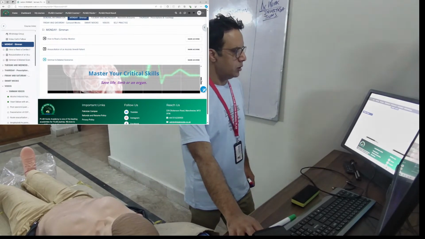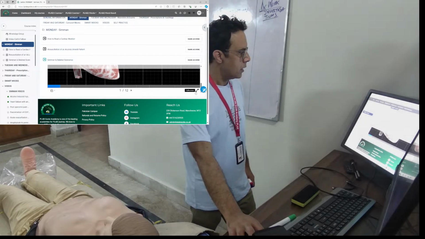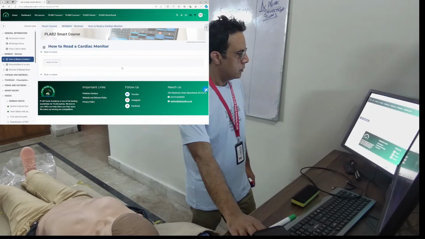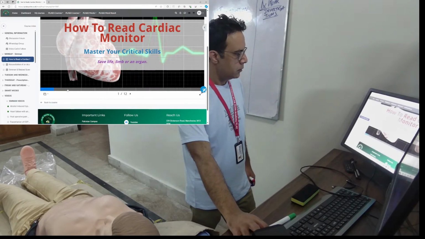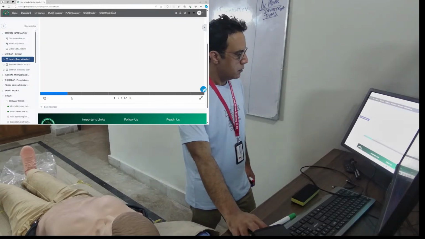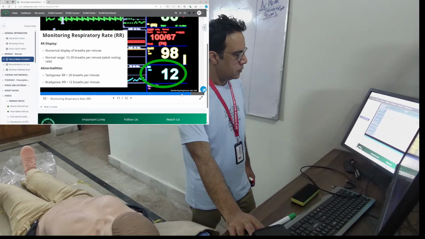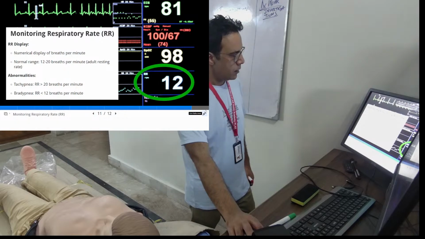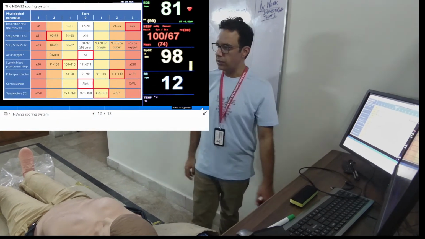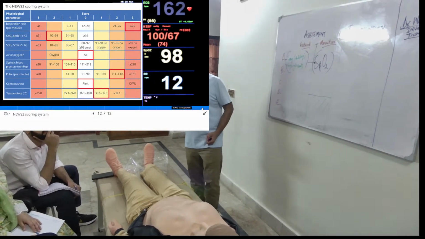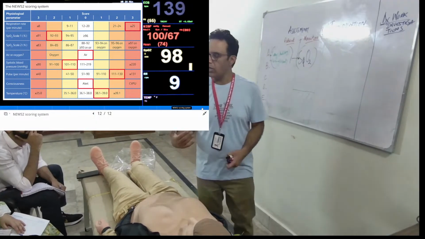Okay, now this is a monitor that you will see. This is a slide that I want to show you. 94 is normally in those who are stable and do not have anything worrying.